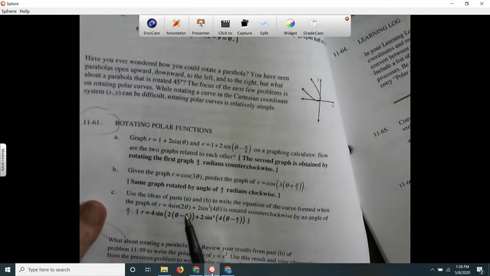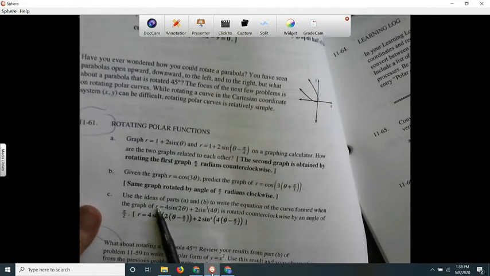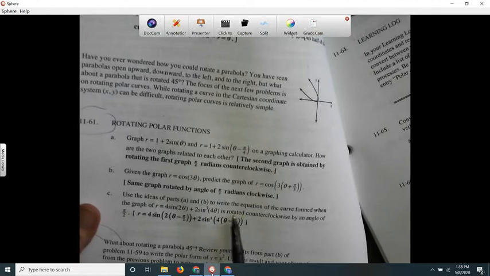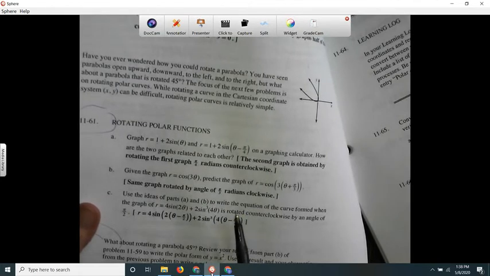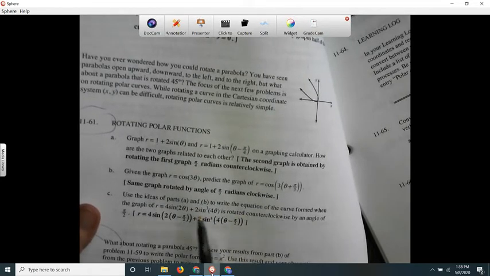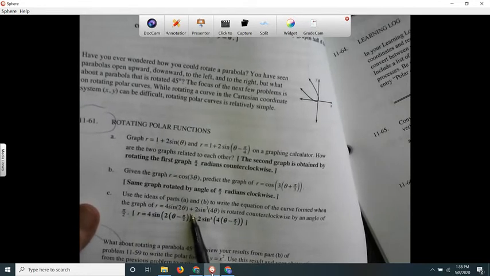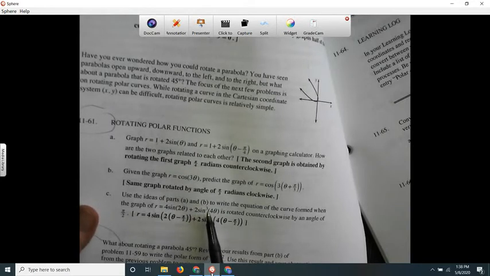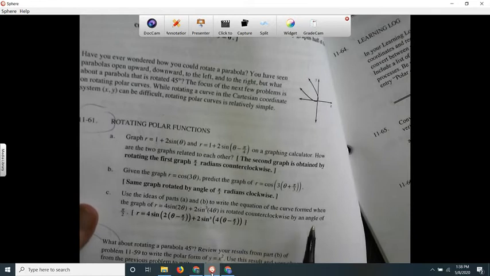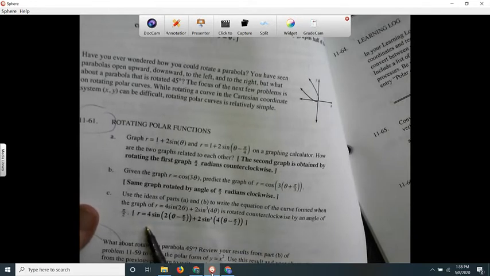Okay, so then it asks us, use this idea to write the equation of the curve formed when the graph r equals 4 sine 2 theta plus 2 sine cubed 4 theta is rotated counterclockwise by an angle of pi over 2.